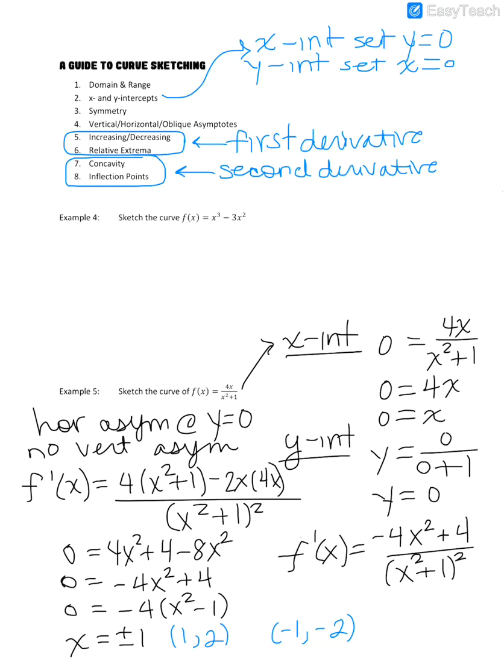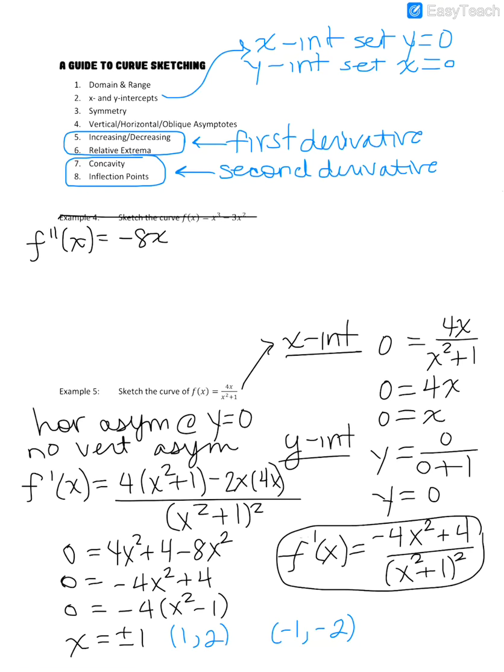This is the first derivative that I want to take the derivative of for my second derivative, and this is also quotient rule. We have derivative of the top, negative 8x, times the bottom, x squared plus 1 squared, minus derivative of the bottom. This is chain rule, so 2 times x squared plus 1 times 2x, times the top.